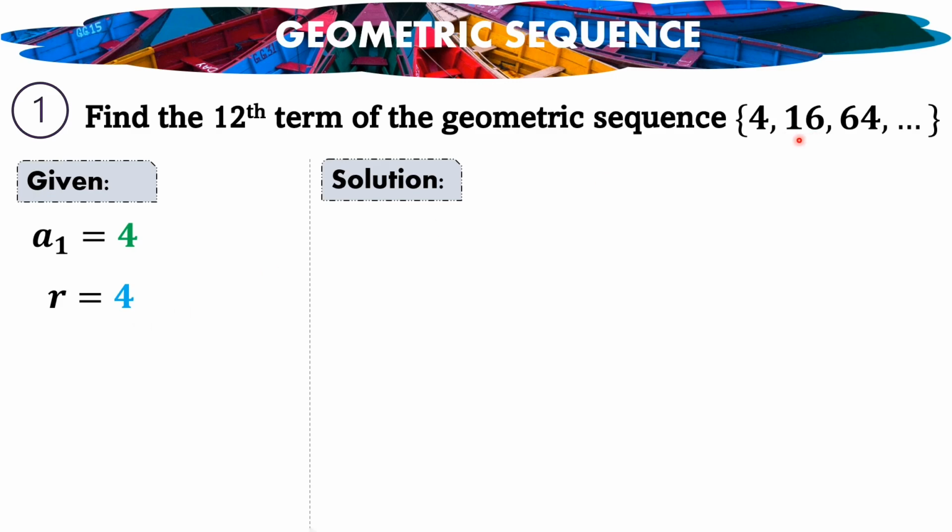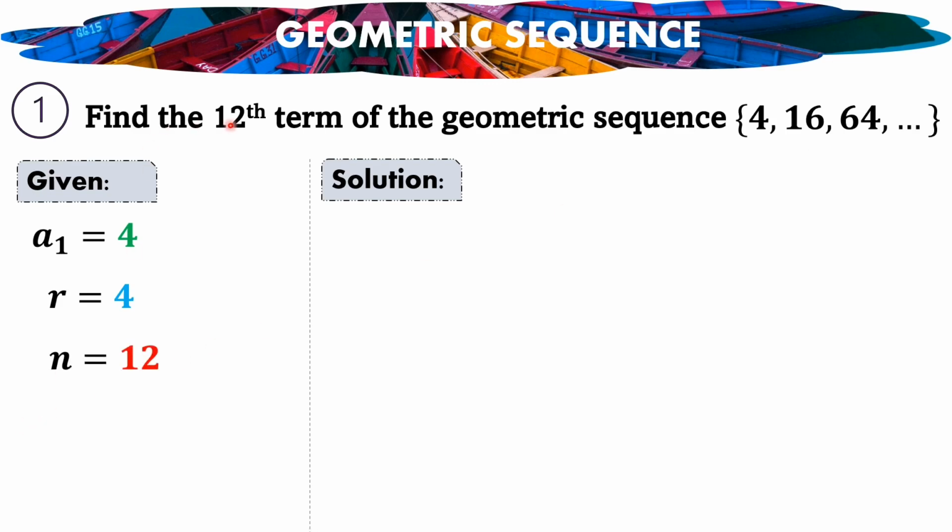Just get the ratio or the quotient of two consecutive terms backwards. That is 16 divided by 4 is 4, 64 divided by 16 is 4.